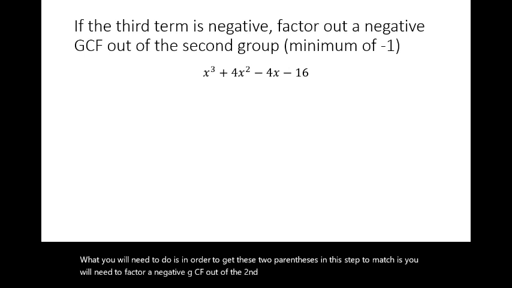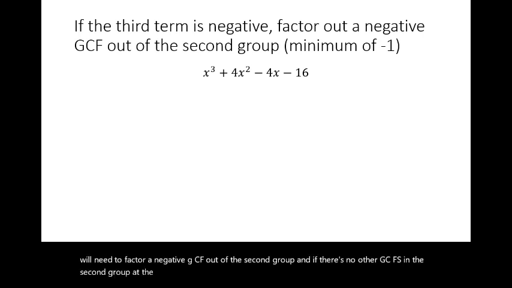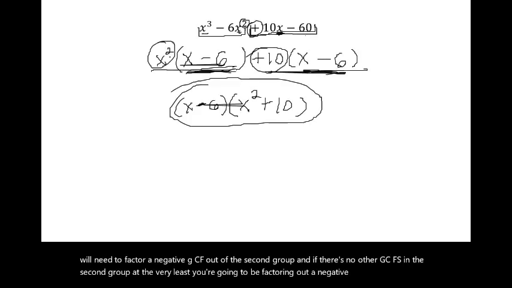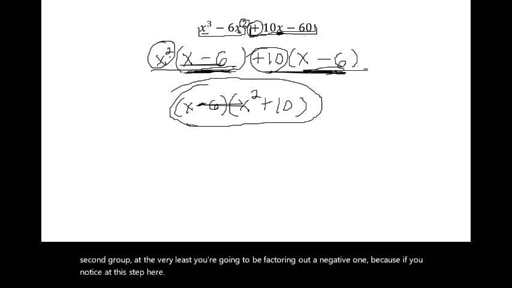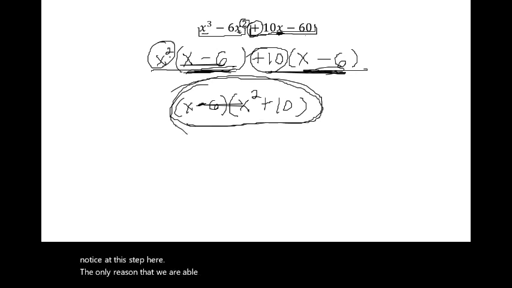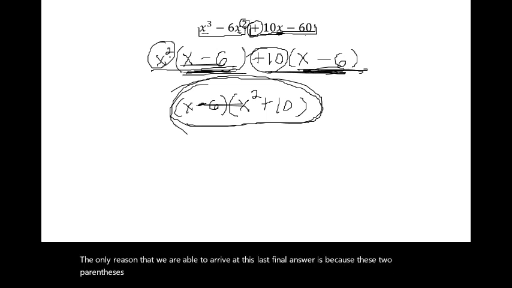And if there's no other GCFs in the second group, at the very least, you're going to be factoring out a -1. Because if you notice, in this step here, the only reason that we are able to arrive at this final answer is because these two parentheses are exactly identical in every way.